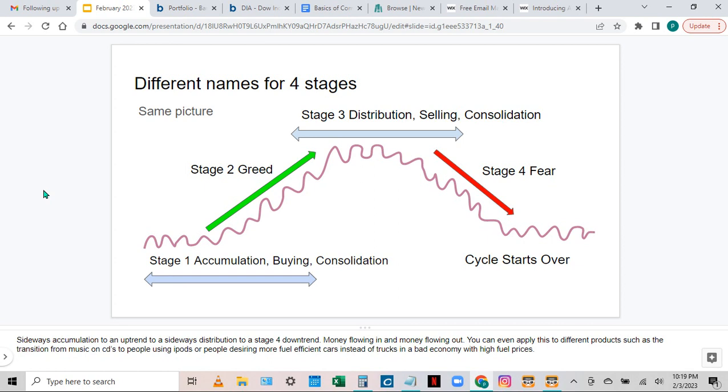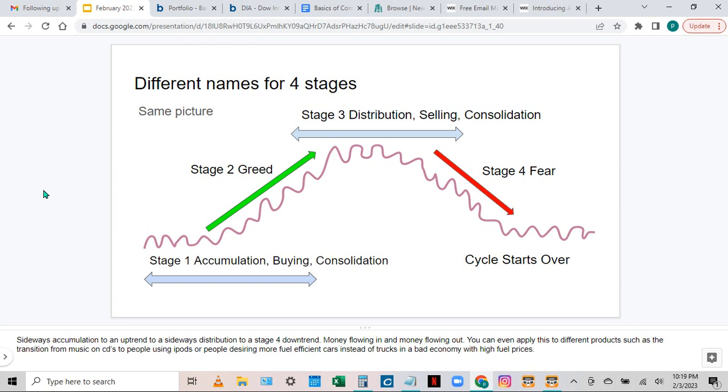Then as buying picks up, we go to stage 2, often referred to as the greed stage. The emotion of the stage would be greed, which starts an uptrend. Then we get to stage 3, where we've reached kind of a plateau, if you will. Another consolidating area, you see more selling taking place in this area, or distribution stage.